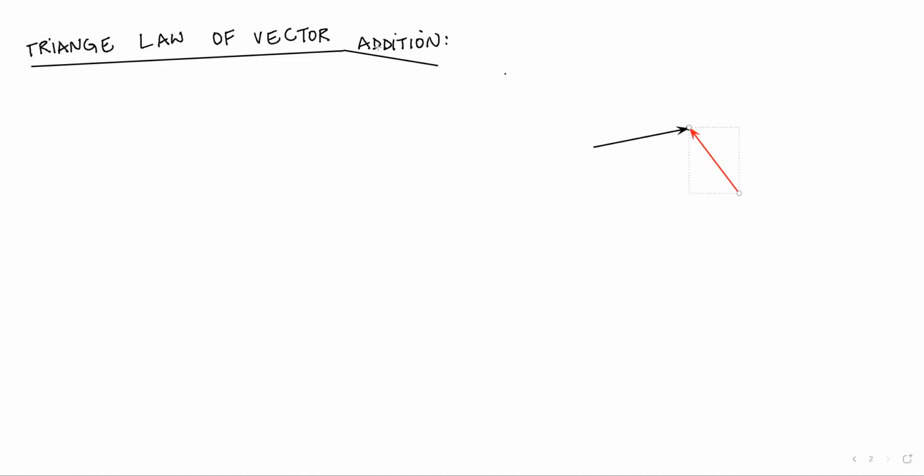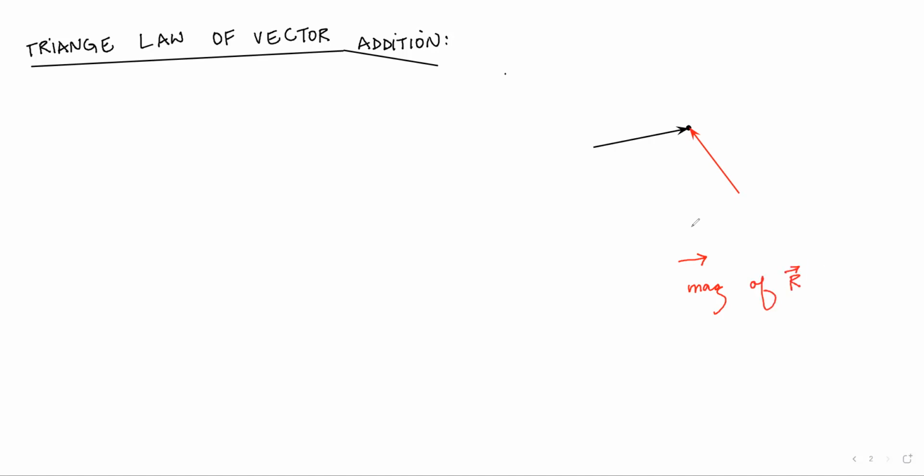Now, the question is a very simple question: in which direction will the body move, and second, what will be the magnitude with which the body will move? In other words, we can say, what will be the magnitude of the resultant?